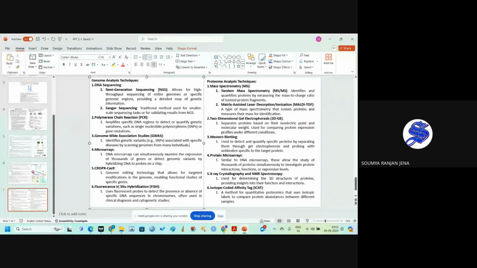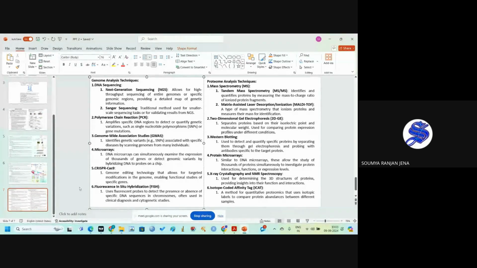Or a new technique, that is CRISPR-Cas9 genome editing technology, allows for targeted modification in the genome, enabling functional study of specific genes, because this Cas9 enzyme is guided by these CRISPR sequences to the target gene, and it will silence or chop that targeted gene, and it will not give any specific product or functional protein. So by these techniques we study the functional analysis of the genes.